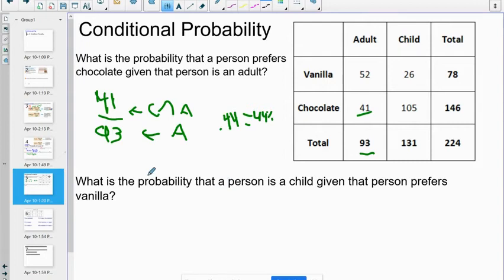Now, if the next one was the probability that a person is a child, given that the person prefers vanilla, we have to do the probability of child and vanilla. That's here, 26, over the probability of just vanilla, which is 78.